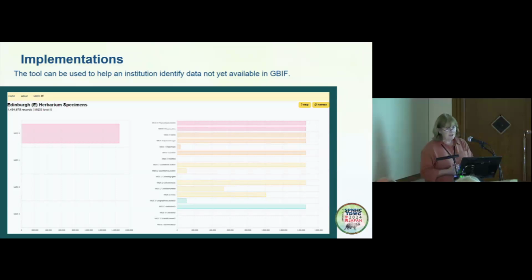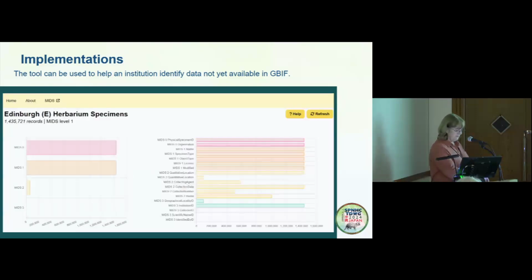And they may just not have been mapped yet, or there may be some issues in the mapping during the export process as well. So we were able to identify some key data not being made available on GBIF using the MIDS checker. And then we've modified our GBIF mapping and export, and we could easily see the impact it had on our data in GBIF.